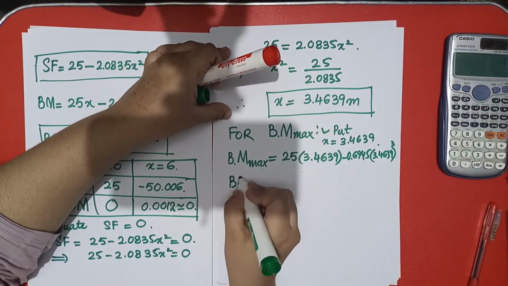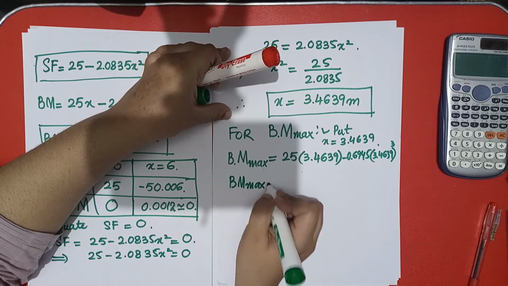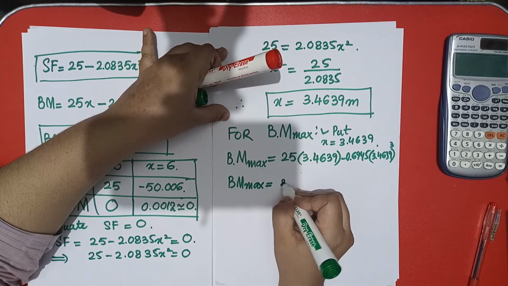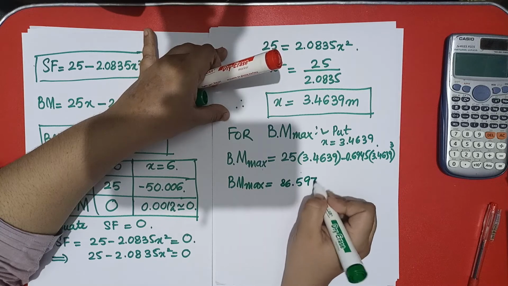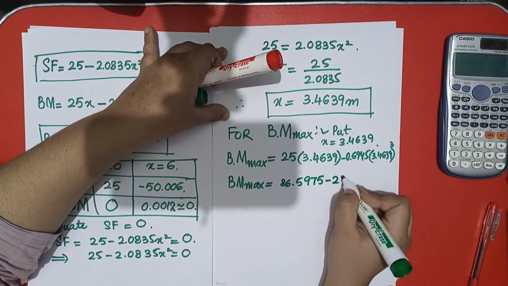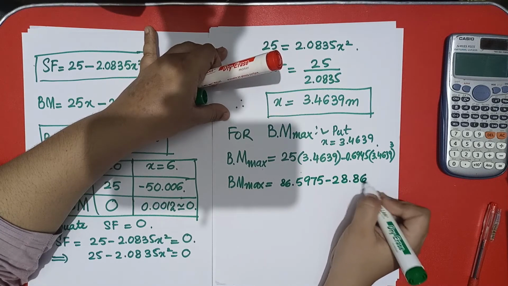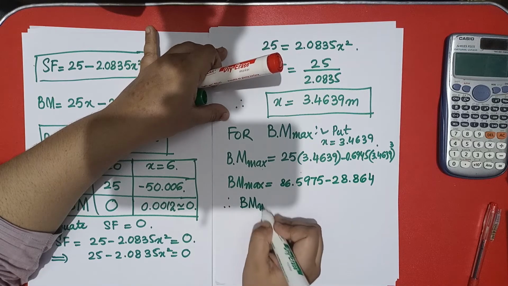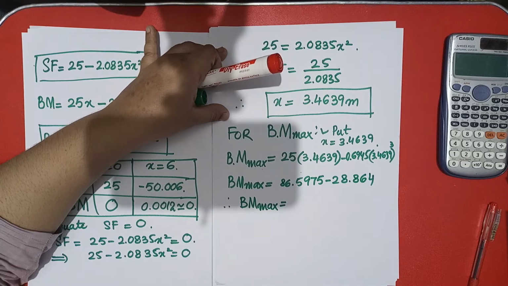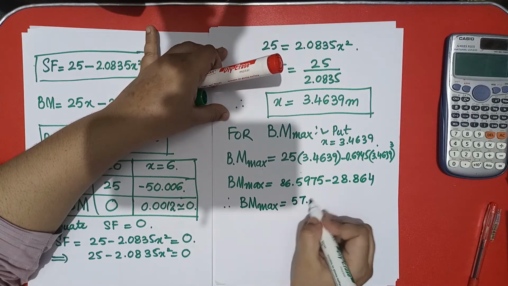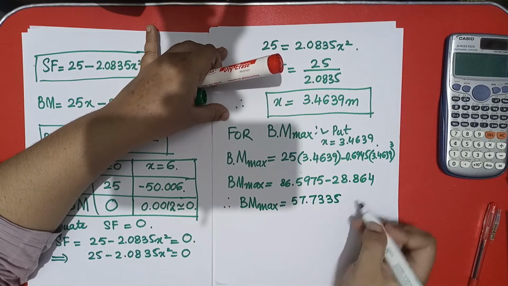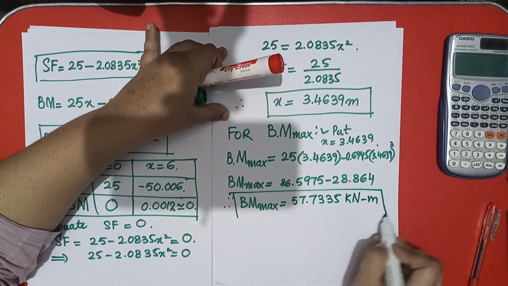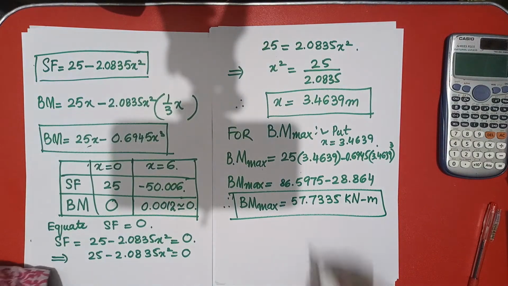So I have to calculate it, and it is coming out to be 86.5975 minus 28.864. Therefore, bending moment maximum is equal to 57.7335 kilonewton meter.